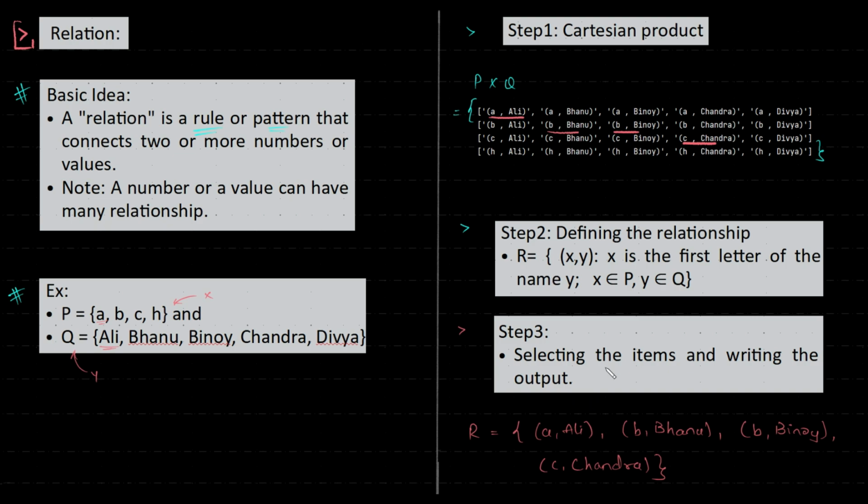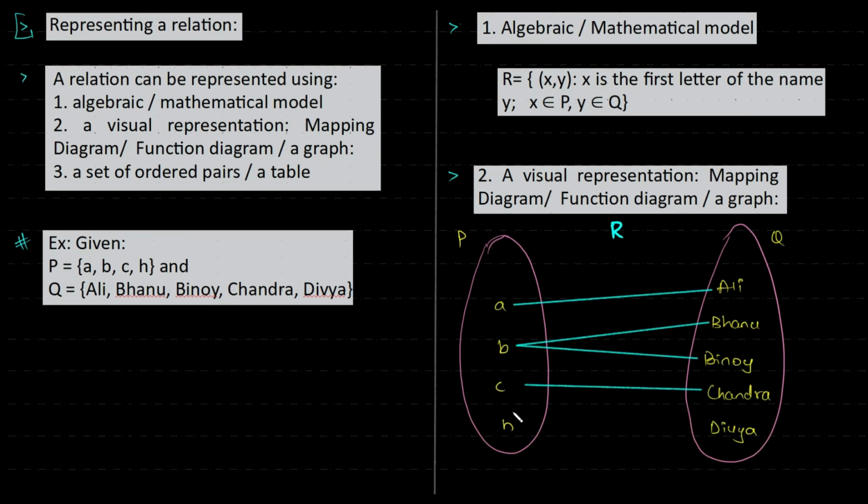Okay, and I showed you an example of how we can find the Cartesian product between two sets and define the relationship on that and then select, right? So you can have the outcome or the relation in different manners. That is, you can represent them in a different manner.